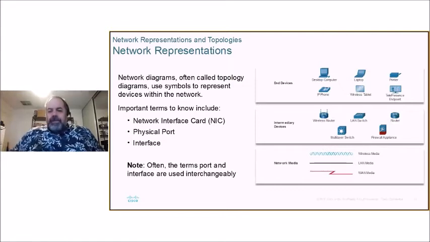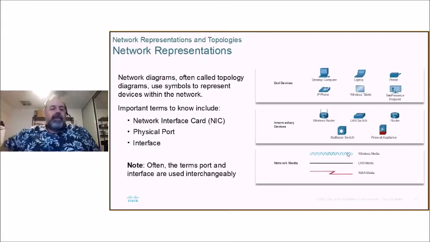We've got the end devices here, so desktop computers, IP phones, wireless tablets, laptops, and so on. Then intermediary devices: wireless access points, multi-layer switches, normal switches, firewalls, and routers. Then we've got the media itself. Normally for LAN connections we use just a straight line. For WAN connections we use the lightning bolt, and for wireless we often just use the analog signal.